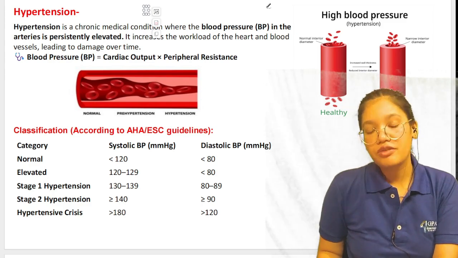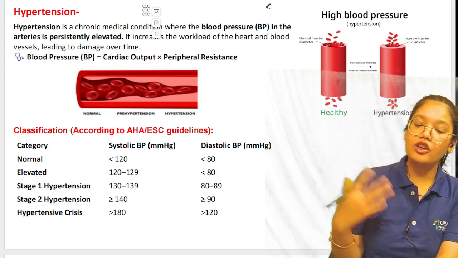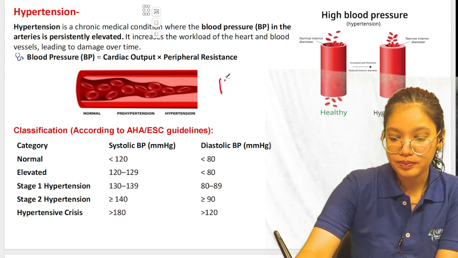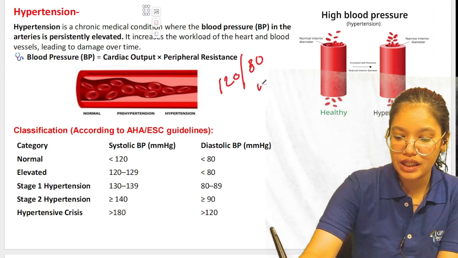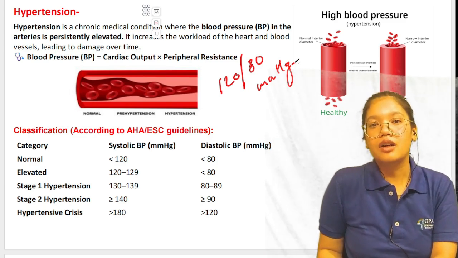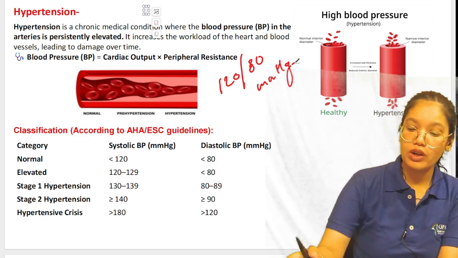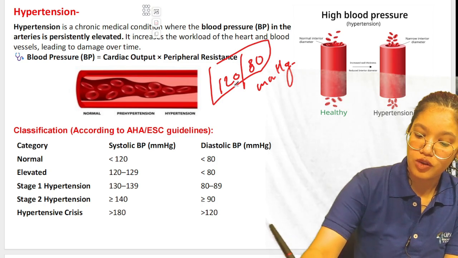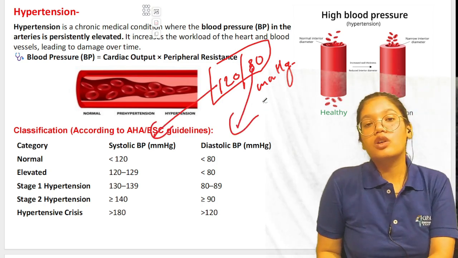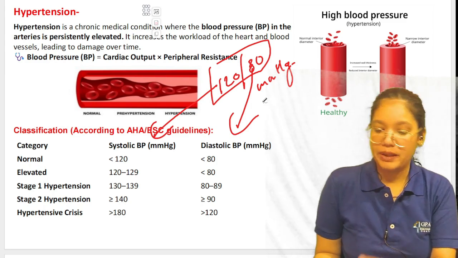Now, the classification of hypertension. Normal blood pressure is 120 by 80 mm Hg. Whenever the blood pressure increases beyond this range, 120 for systolic and 80 for diastolic, that condition is known as the hypertensive condition.